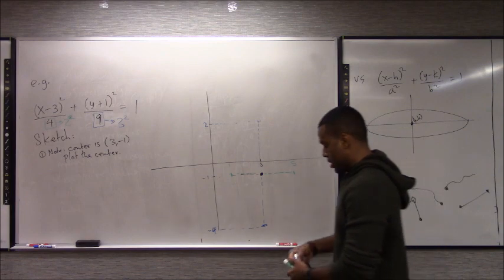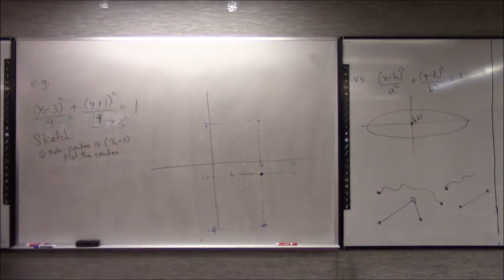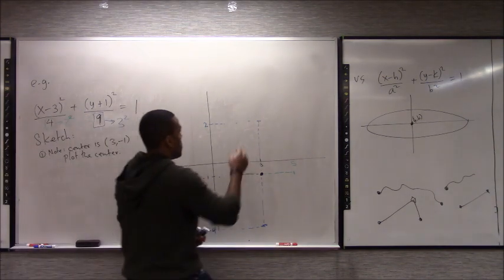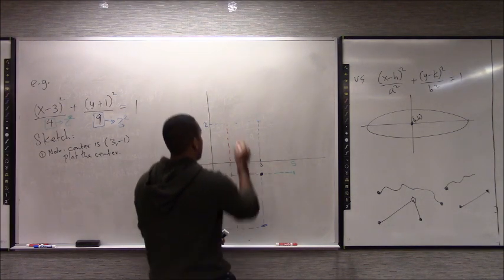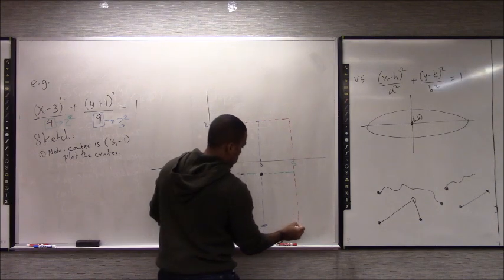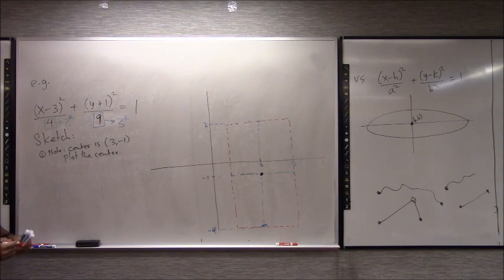Now what that actually does for you is that it gives you a box. This gives you the boundaries. You can imagine that those are the boundaries of your ellipse, and you're going to touch where the blue and the green lines touch the boundary.